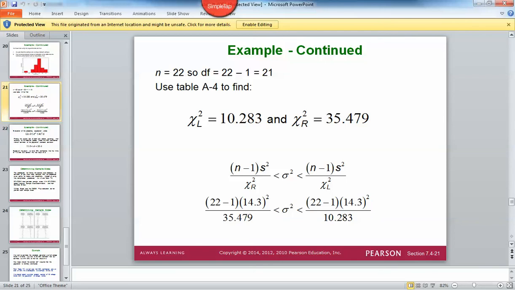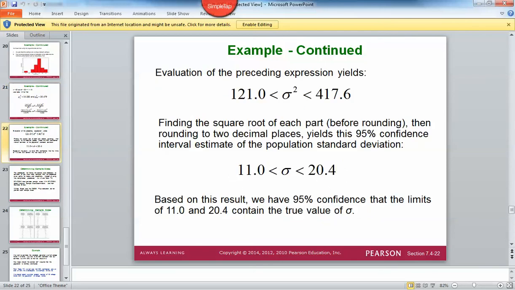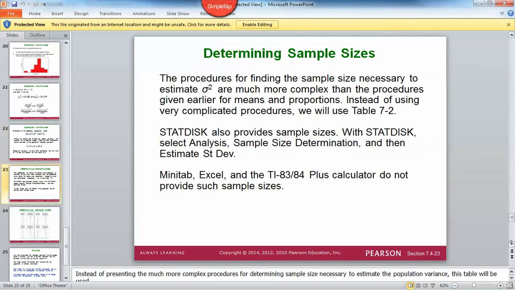And they rounded to one place just like us. 11.0 is the left endpoint, the right endpoint is 20.4. Alright, we'll come back, we'll do a couple of critical values in a second.